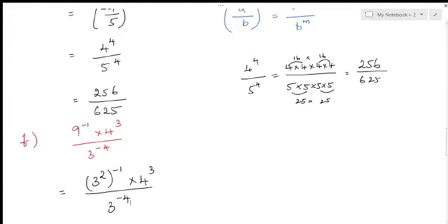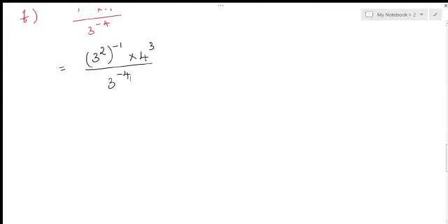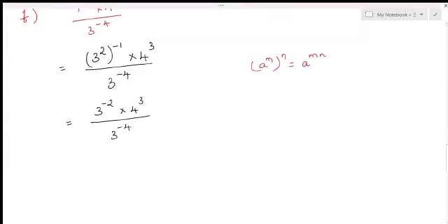So again we are going to use the law: a power m whole power n is nothing but a power m into n. We have to multiply the powers. So this is equal to 3 power 2 into minus 1, which is minus 2, into 4 cube divided by 3 power minus 4.